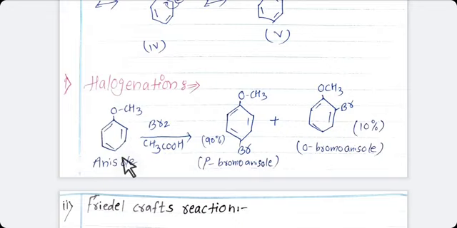The reaction is anisole reacting with bromine in presence of acetic acid. Para-bromoanisole and ortho-bromoanisole are the products. As you have seen, bromine attacks on the para position or on the ortho position.